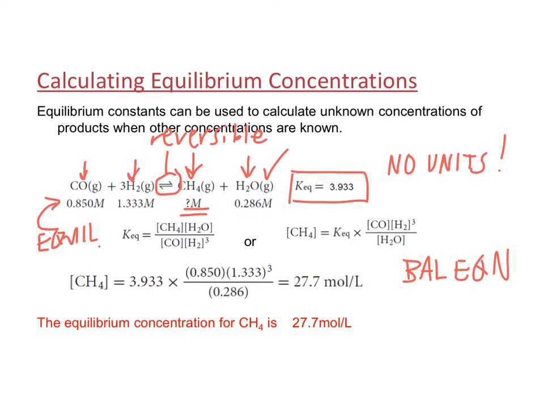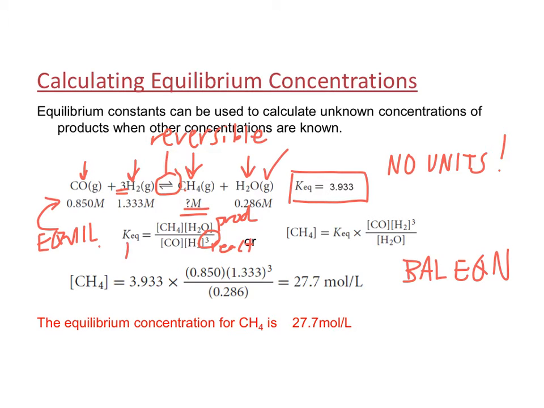So again, products: we have our products, which is methane and water, divided by the reactants. Careful here, hydrogen has got a stoichiometric coefficient of 3 in front of it, therefore has an exponent of 3 on the bottom. So we have the equilibrium constant expression.